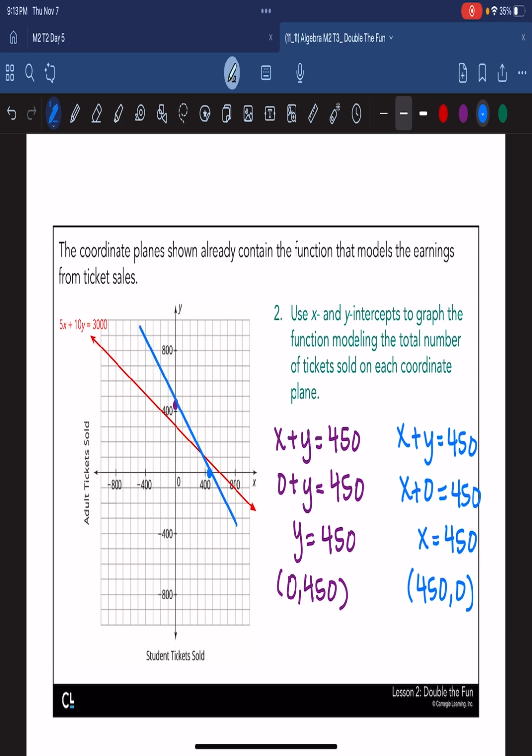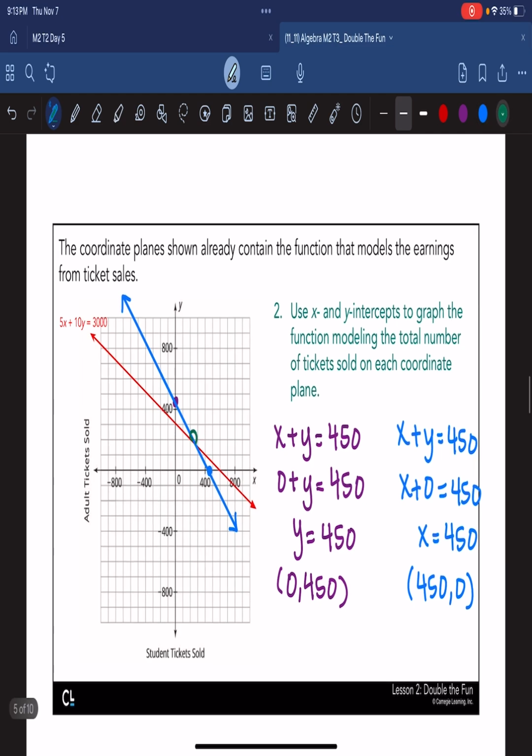I'm going to connect these 2 points as best I can. So something like that. And you may notice they intersect at this one spot right here.